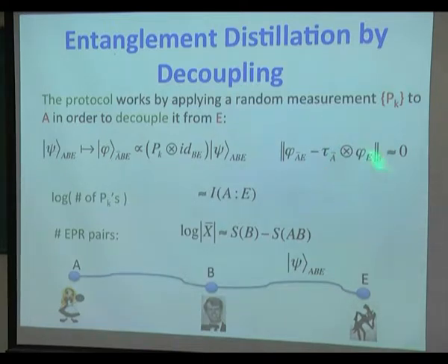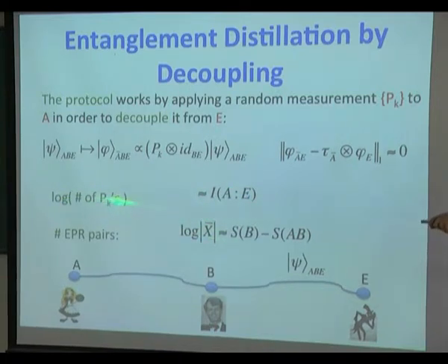Let's see this in a few seconds. But first, what these guys proved, Andreas with Michal Horodecki and Jonathan Oppenheim, is that you can find these P_k which achieve exactly that if the log of the number of P_k's is this mutual information.